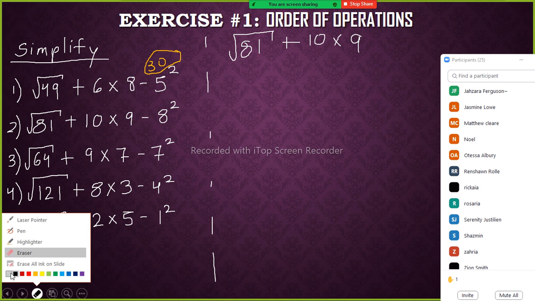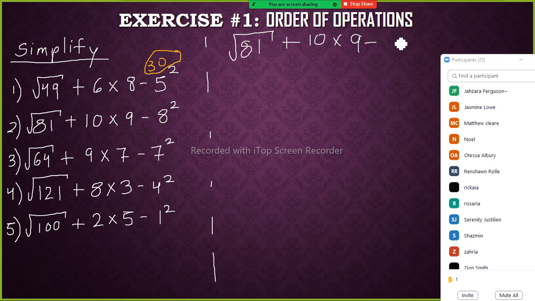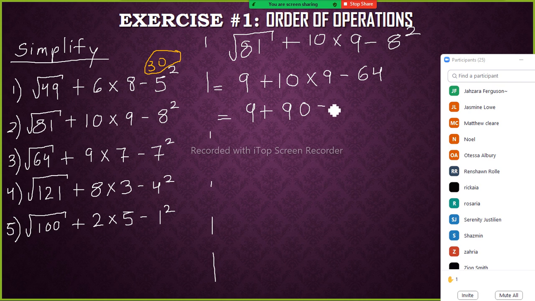This is going to be equal to, what's the square root of 81? That's 9, very good. Plus 10 times 9. What's 8 squared? 64, very good. 10 times 9 is 90, very good, 90 minus 64.